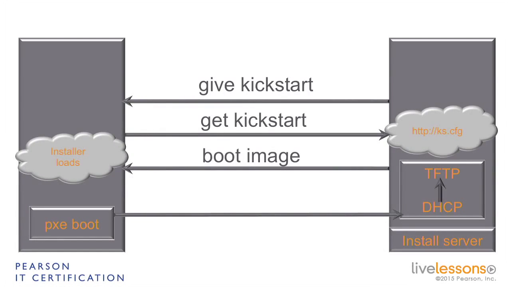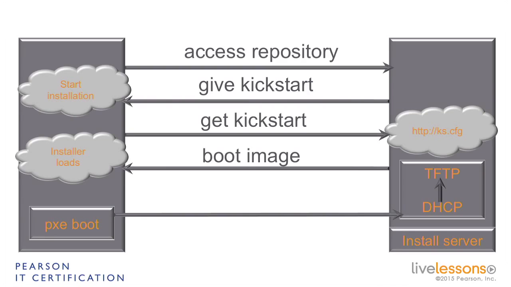So the installation server gives the Kickstart file, which means that the server you are installing knows everything that you want to do, so the installation can start. The final part is that the installation program needs access to a repository, and that repository needs to be configured on an installation server as well. This is basically what a full-blown installation server would look like.